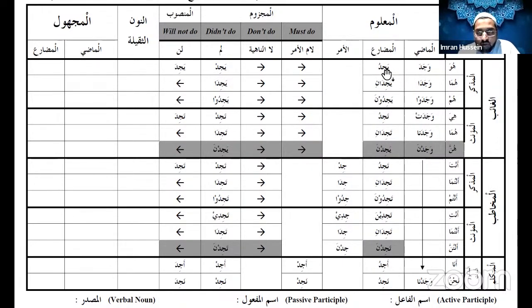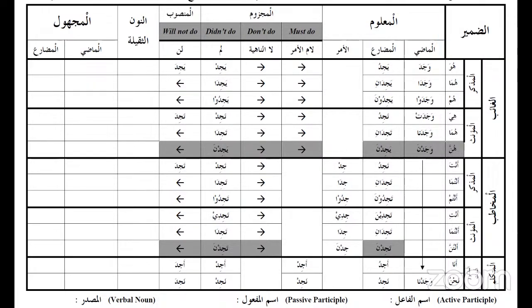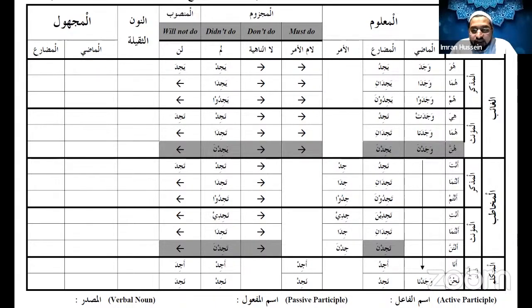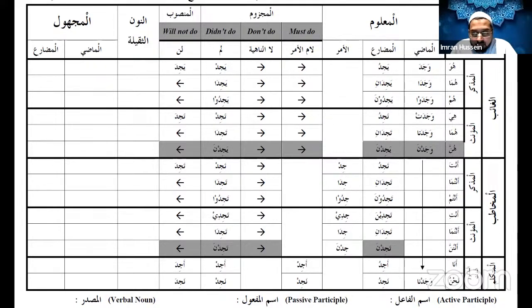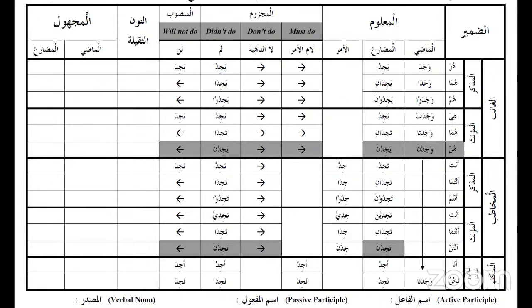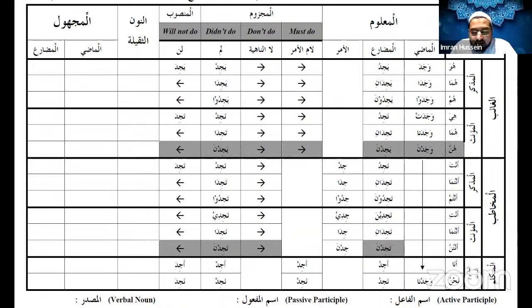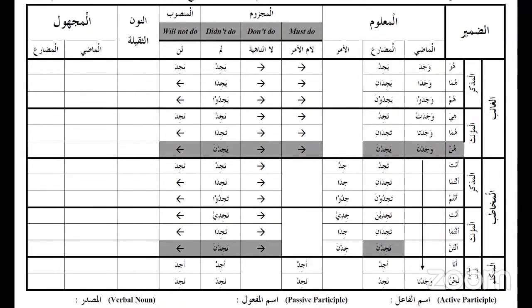Wajada, yajidu. As you can see, after the ya there's only two letters, so it'll be yajidu. Bismillah. Yajidu, yajidani, yajiduna, tajidu, tajidani, yajidna, tajidu, tajidani, tajiduna, tajidina, tajidani, tajidna.